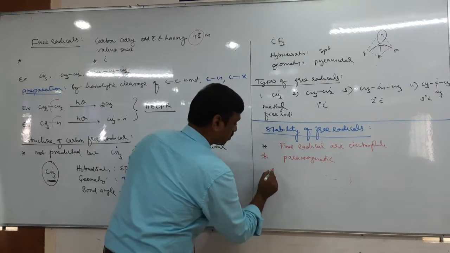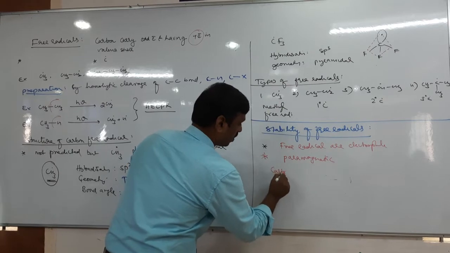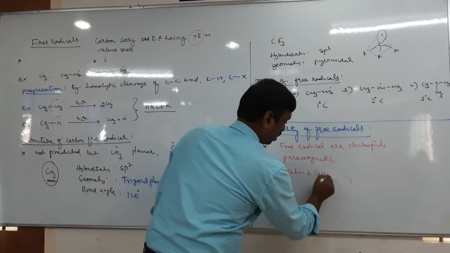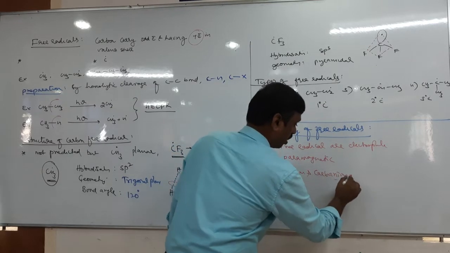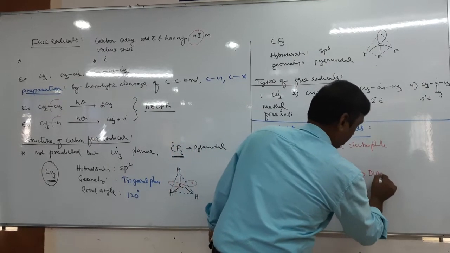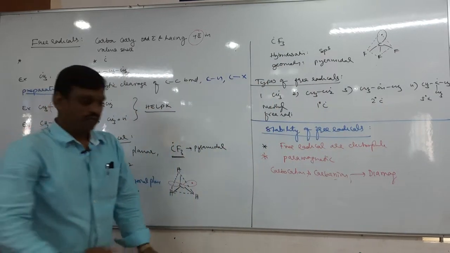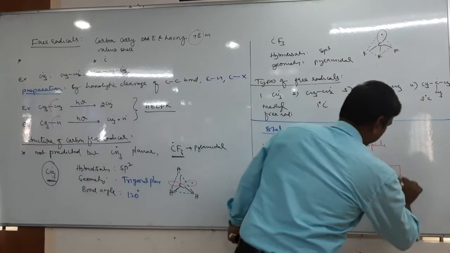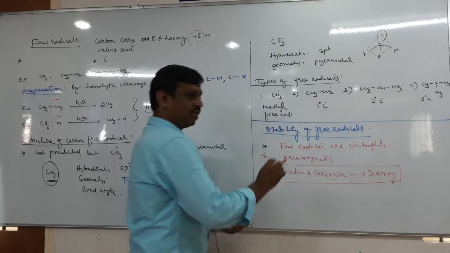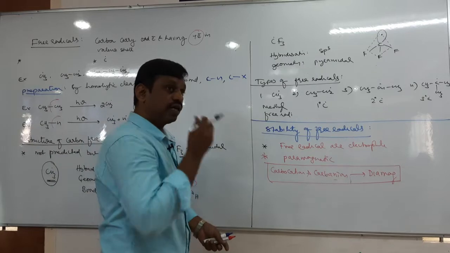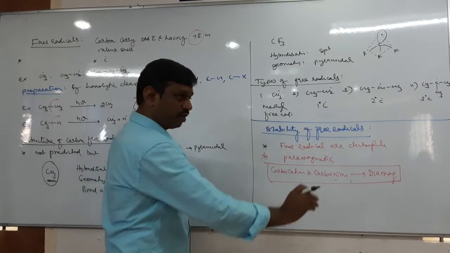But what about carbocation and carbanion? Carbocation and carbanion are actually diamagnetic because all their electrons are paired, but free radical is paramagnetic. Okay.